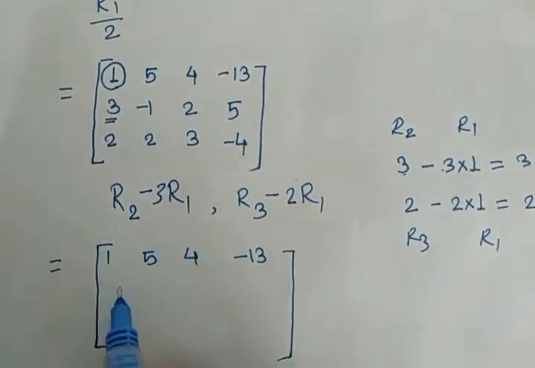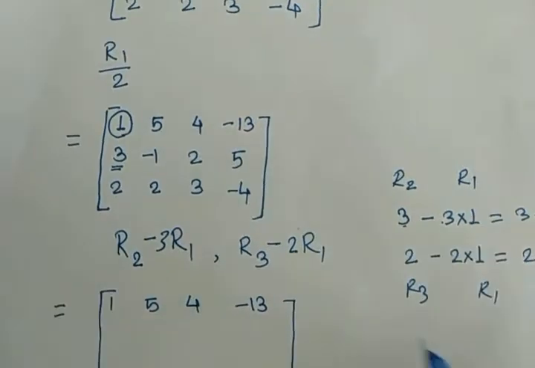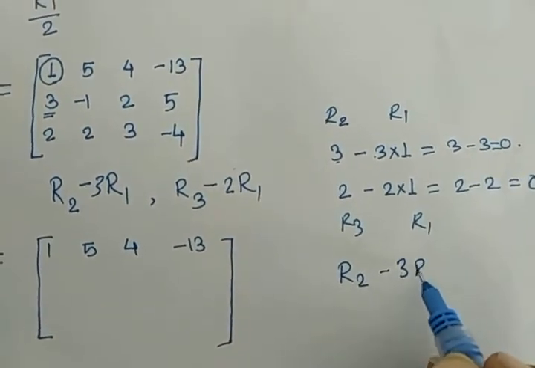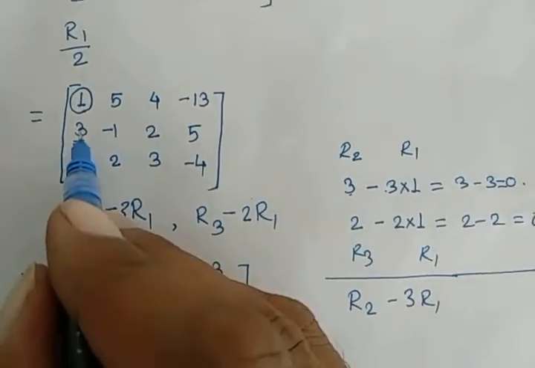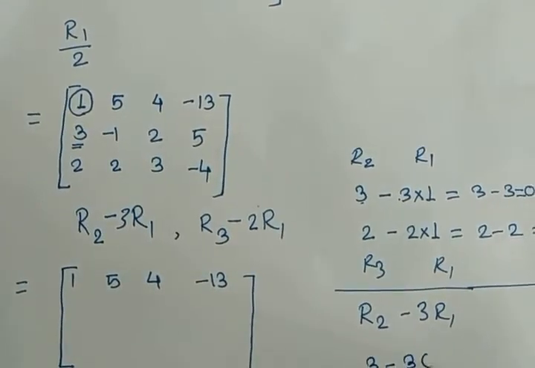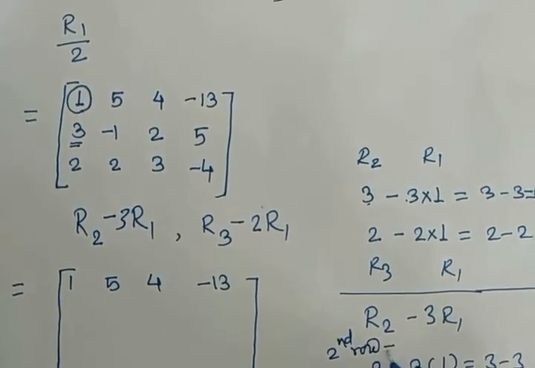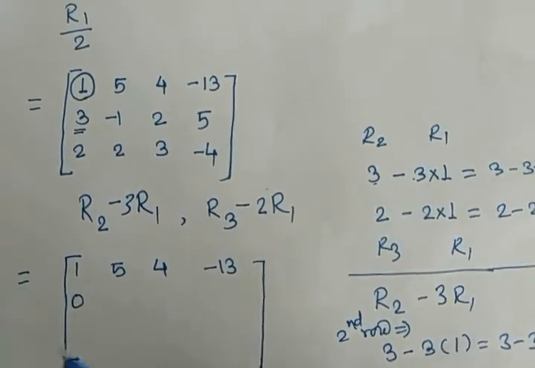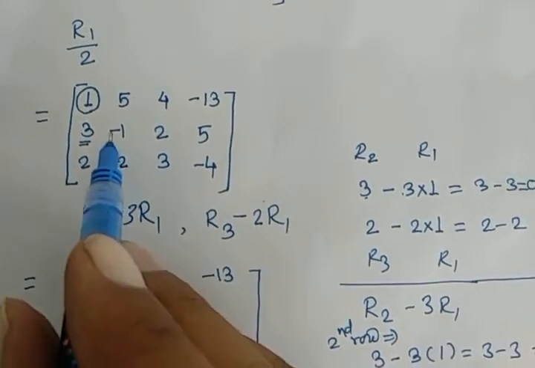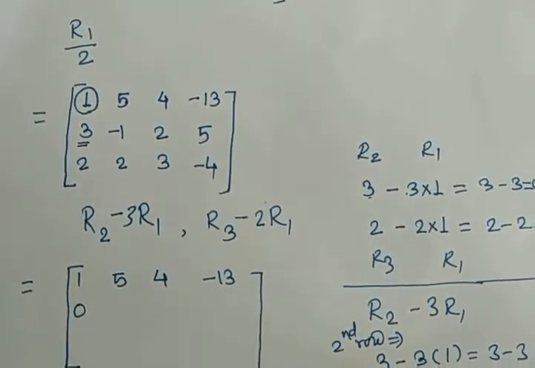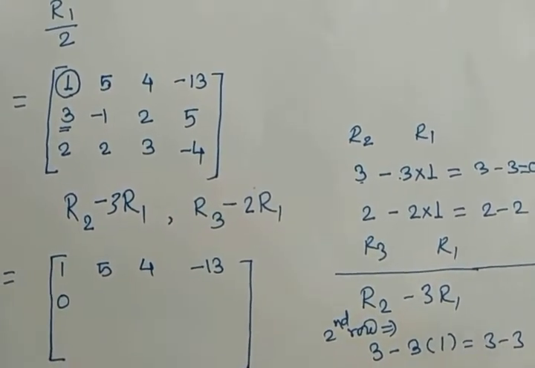Okay, now for the second row, the row operation is R2 minus 3R1. For the second row's first element, it is 3 minus 3 into 1, which is equal to 0. Now here it is minus 1, minus 3 into its above value 5, which gives minus 1 minus 15, which is equal to minus 16.